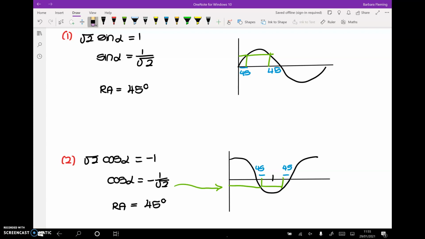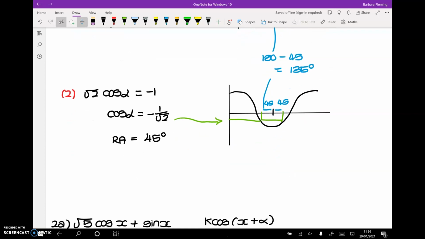Let's draw this better. If I put in my 180 there, you've got 45 less than 180 and 45 more than 180, symmetric around your 180 mark. The one that matches is 45 less than 180, so 180 minus 45 equals 135 degrees.